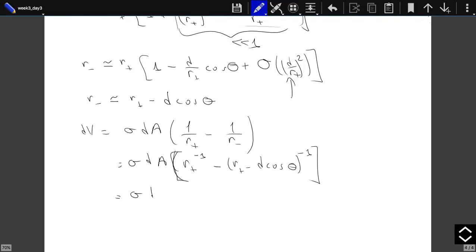This is equal to sigma times dA over R plus, 1 minus 1 minus D over R plus cosine theta to the minus 1. I took the 1 over R plus out.